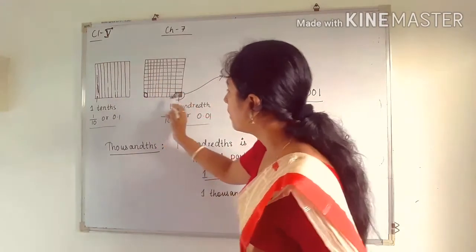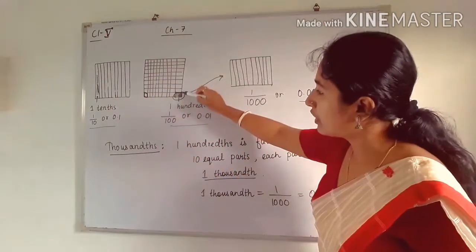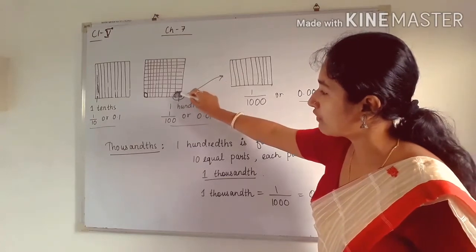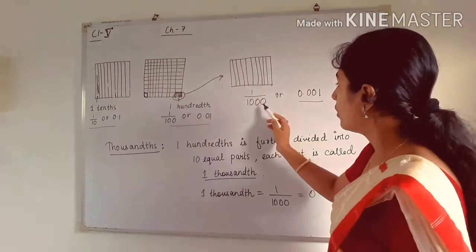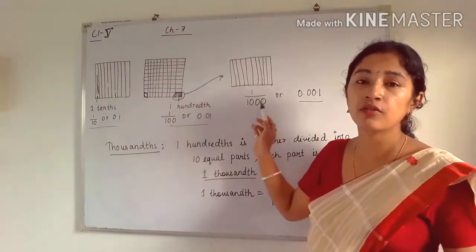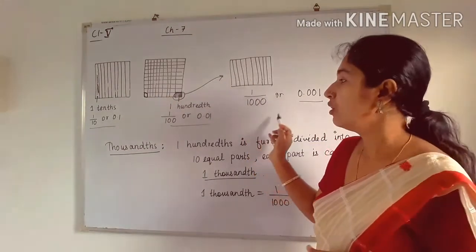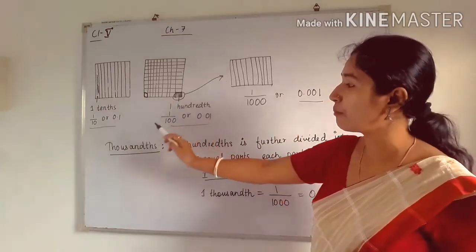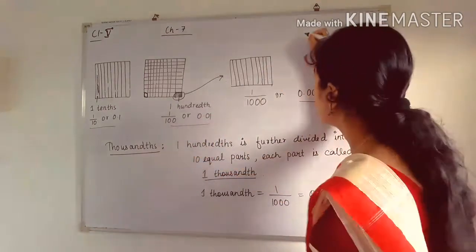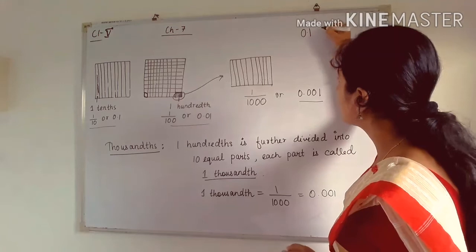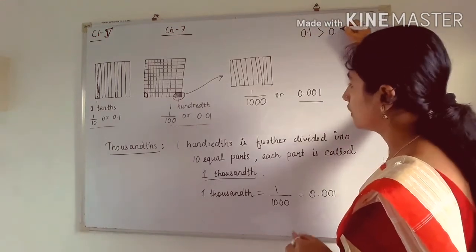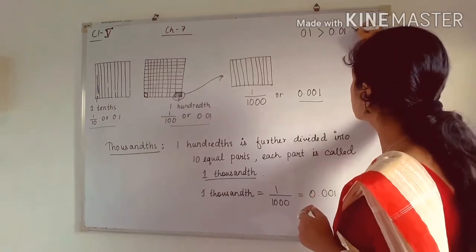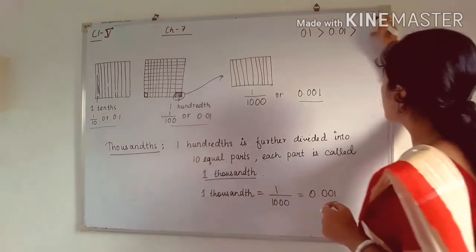When we divide this part again into 10 equal parts, one part is 1/1000, which is very small. So if you want to compare, 0.1 will be greater, after that 0.01, and the smallest one will be what?